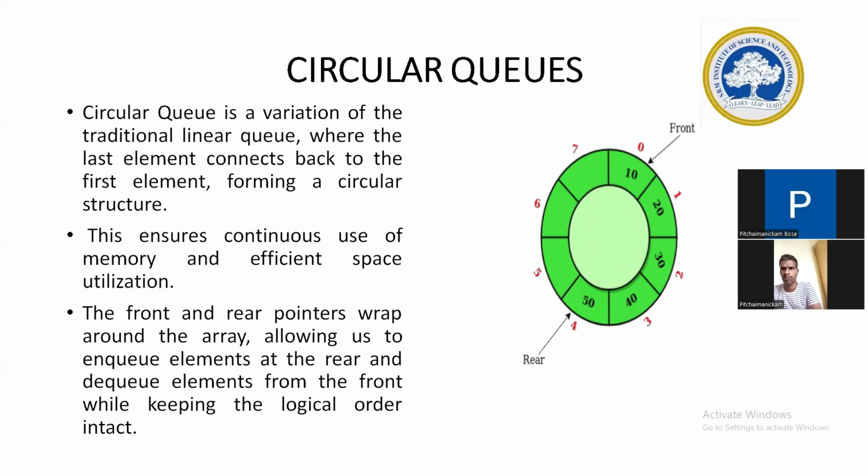So what does circular queue mean? This is a variation of the traditional linear queue. With the help of circular queues, the wasted spaces can be utilized properly for doing some more operations, only with the help of the front and rear pointers.